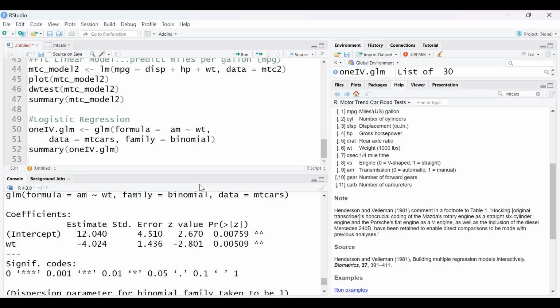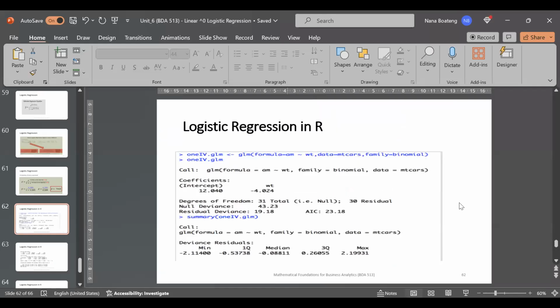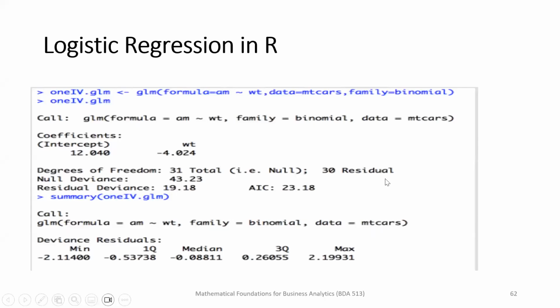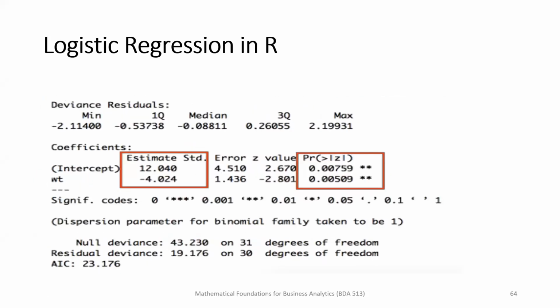So once we have this, let's go back to our slide. Be mindful of this. You see that the intercept is 12, and the weight is negative 4.02. If we go to the slides, we have the same thing here. So we have this estimate here, and that's all that we are interested in for now.